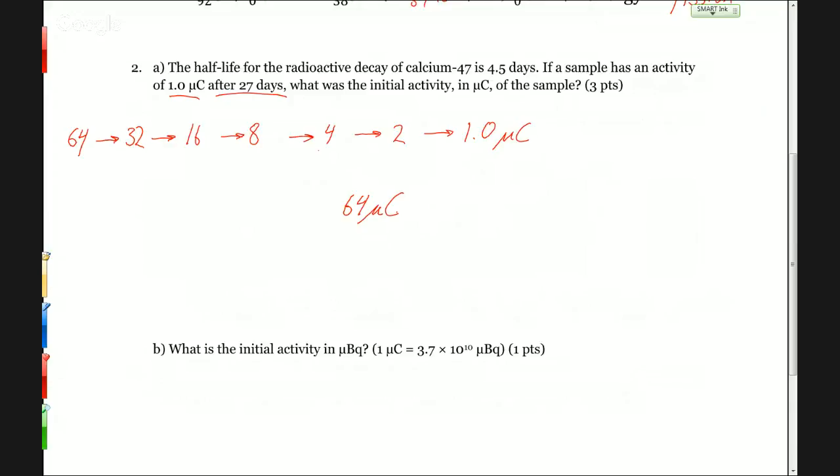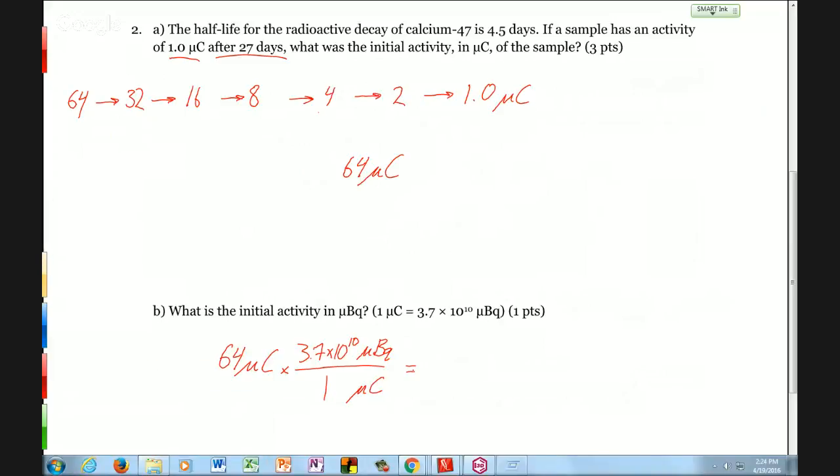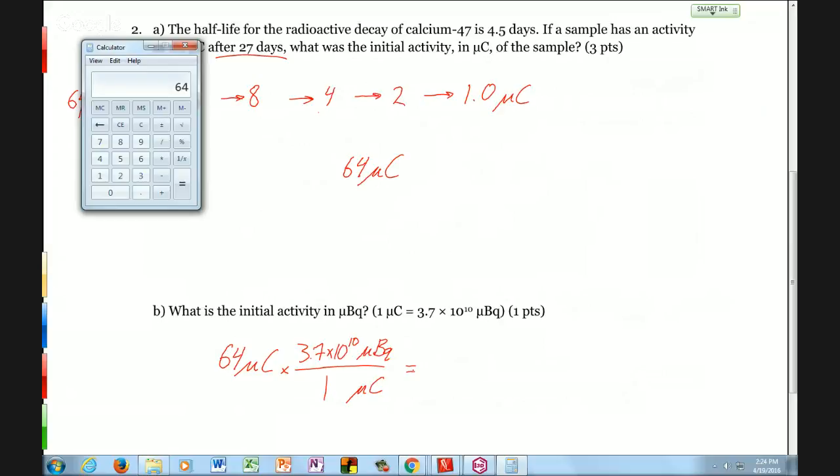All right, and then we can convert that and do the same problem in microbecquerels, where we just use this conversion factor that's given here. 64 microcuries, and we're going to convert microcuries to microbecquerels. So that's 3.7 times 10 to the 10th. 64 times 3.7 is 236.8.